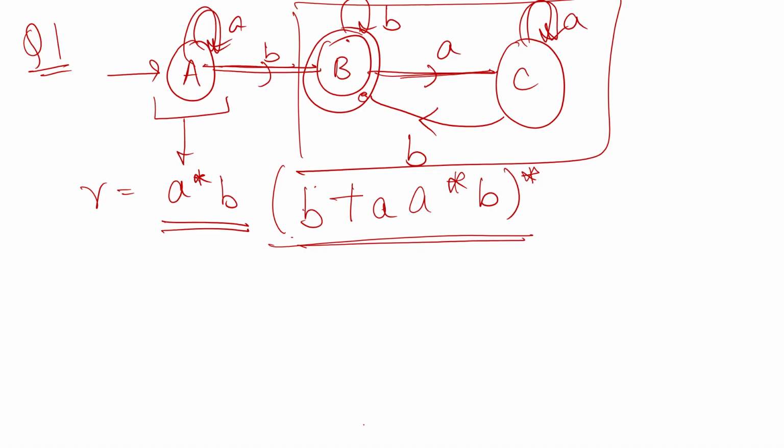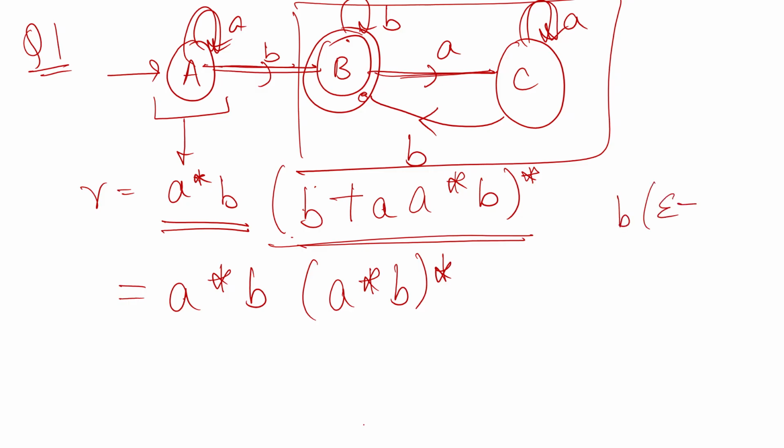So now, if R is equal to this, we can write it as A* B (A* B)*, using our identity. How? Let's see. You take B common out, B (epsilon + A*). Now we had a property: epsilon plus R star gives R star.